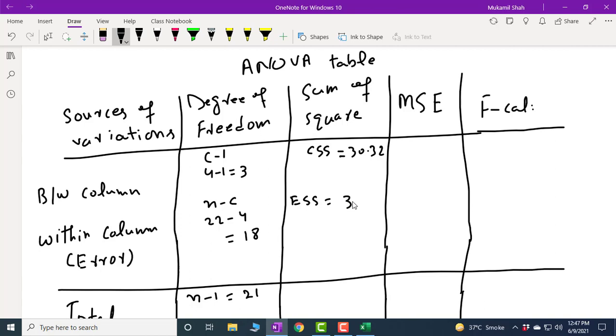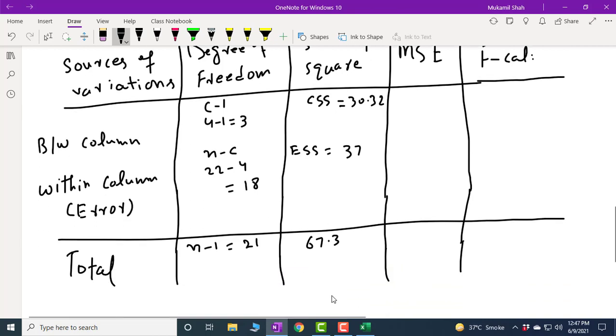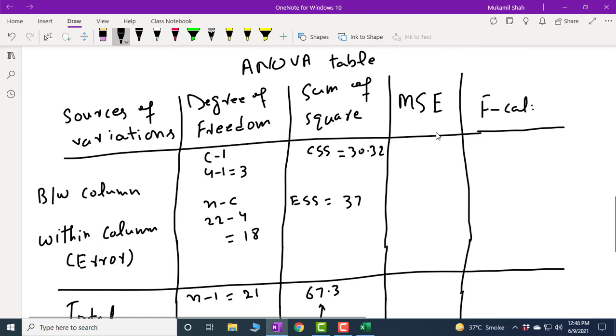This is equal to 37, and if you add these two values, you get the total sum of square, which is equal to 67.3. And what is this? This is the total sum of square, TSS.